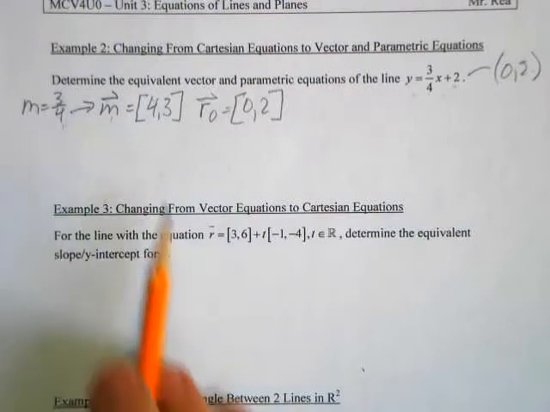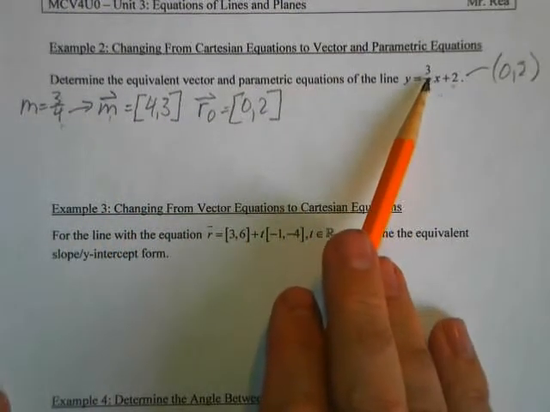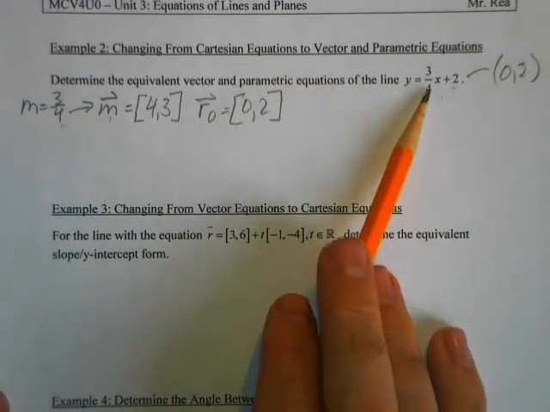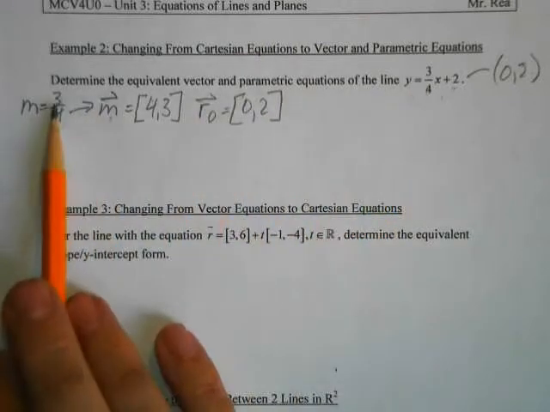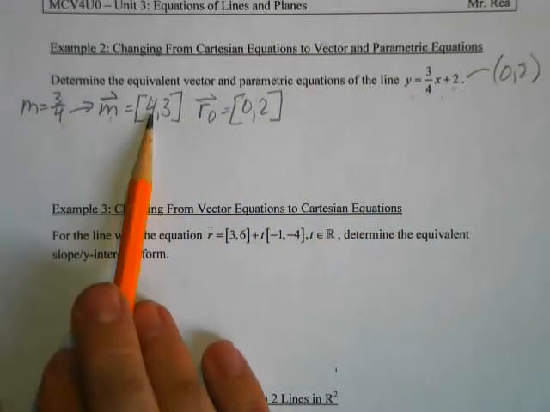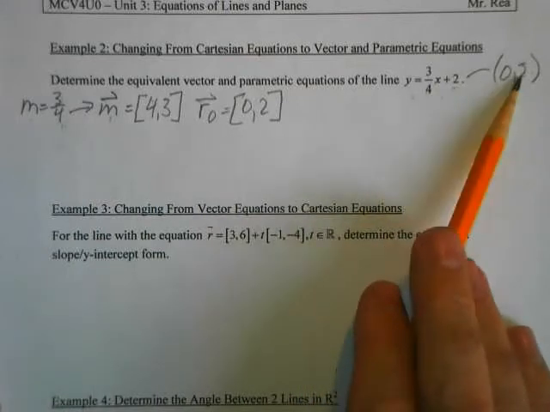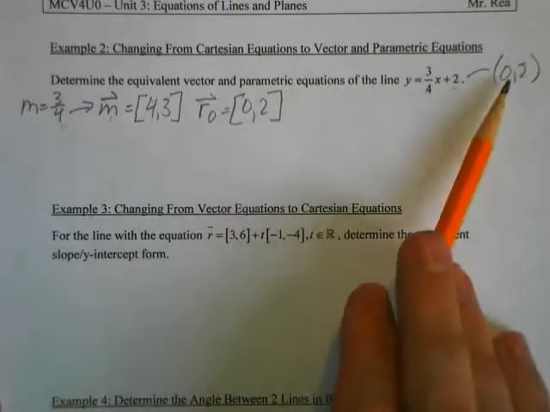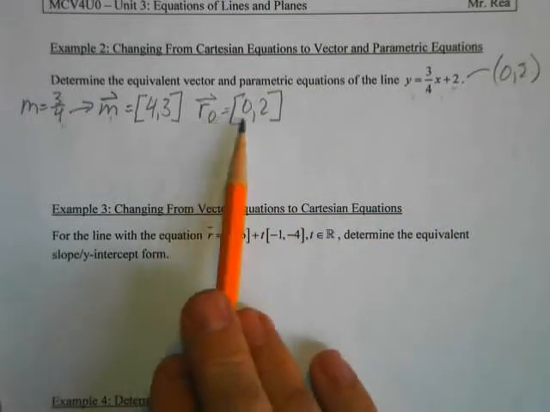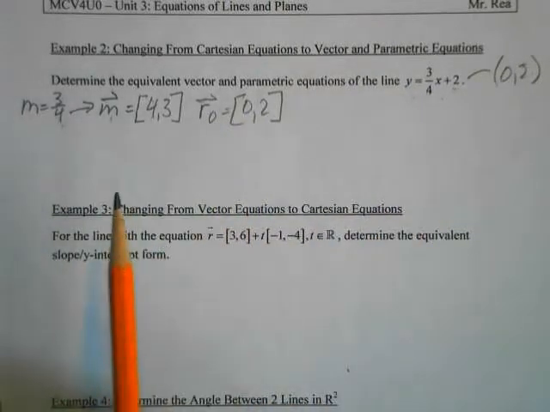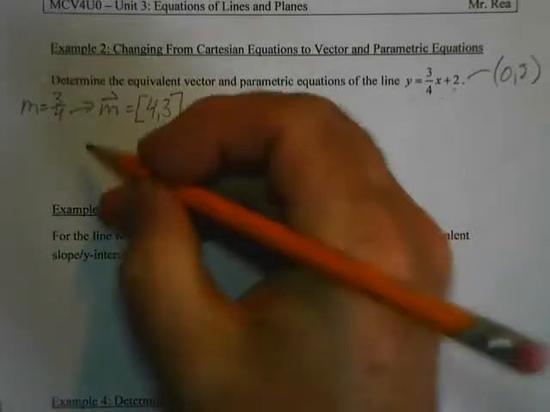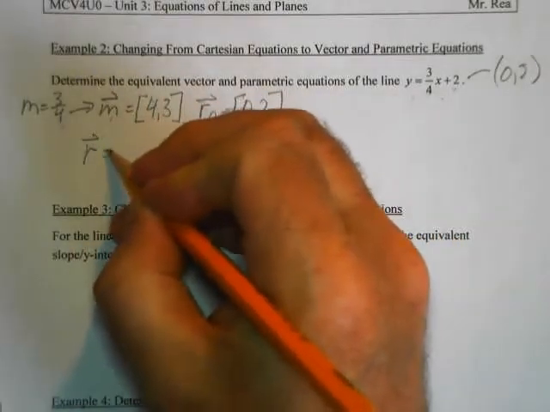So from this slope y-intercept form, I took the slope and from the slope I created a direction vector. I took the y-intercept, turned it into an actual xy point, and then created a position vector to that point. And that's all I need, because now I can create my vector equation.